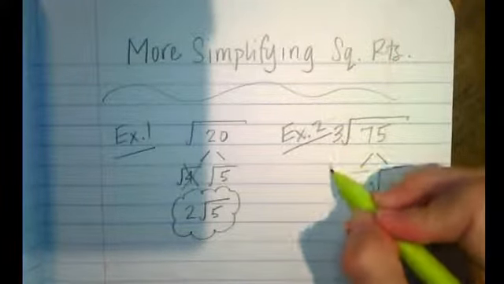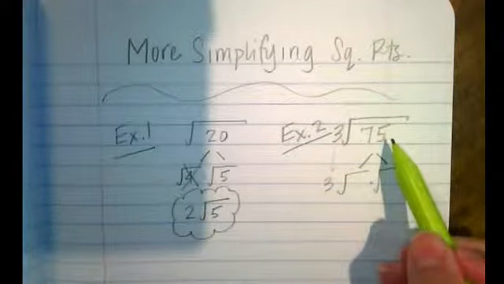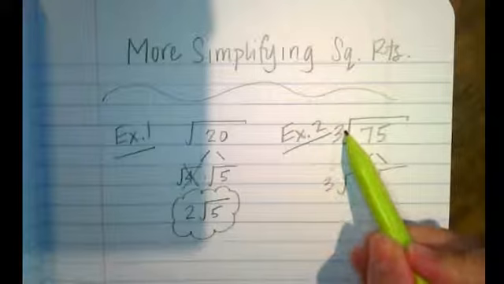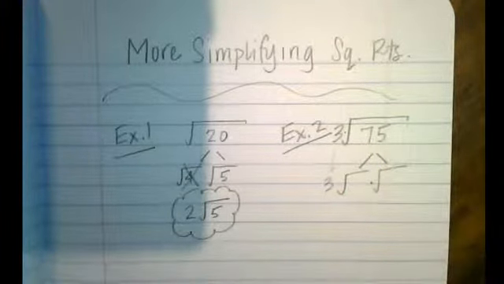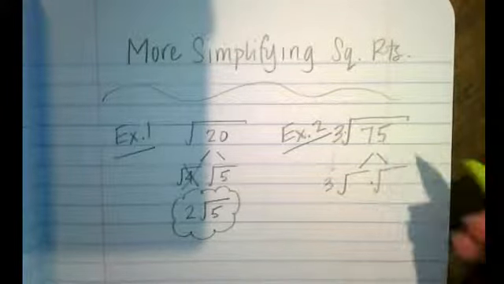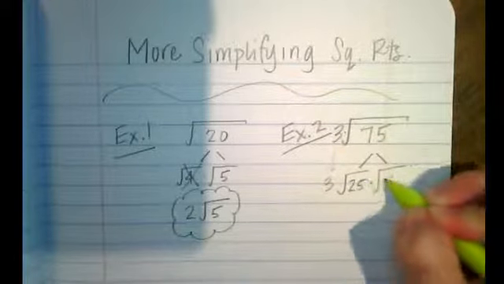The only thing that's different is that we already have a 3 outside. So this is just multiplication. Anytime we have a number written next to whether it's a variable or square root, it always means to multiply. So I'm going to break 75 into 25 times 3.